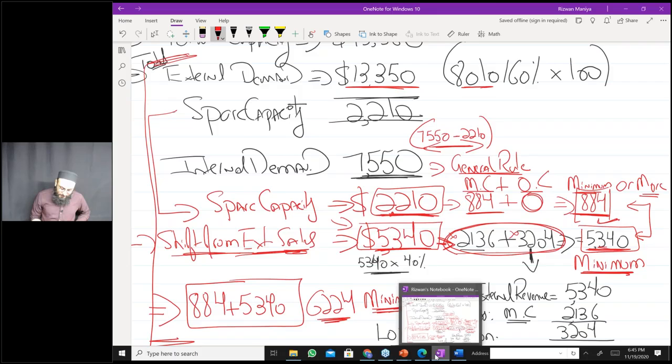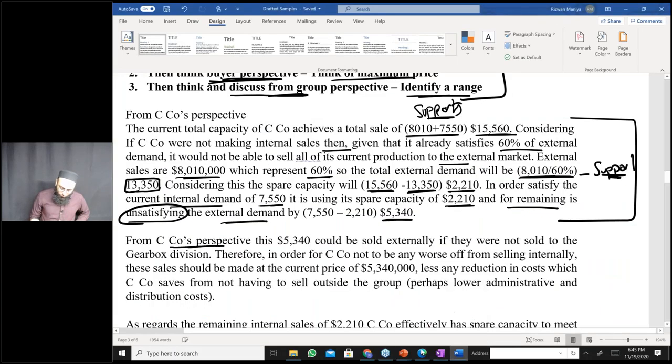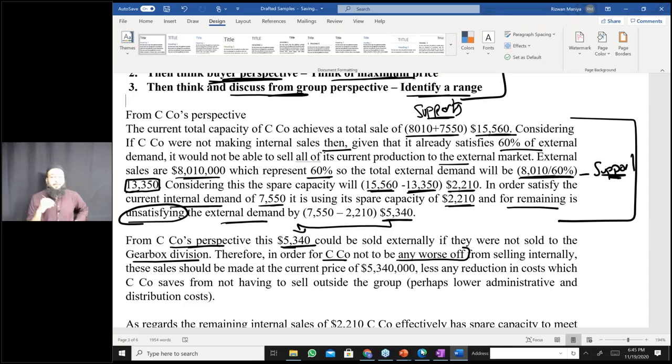From CECO's perspective, this 5340 could be sold externally if it were not sold to the gearbox division. Therefore, in order for CECO not to be any worse off, at least charge the same amount that you are getting from the external market. From selling internally, these sales should be made at the current price of 435,340.